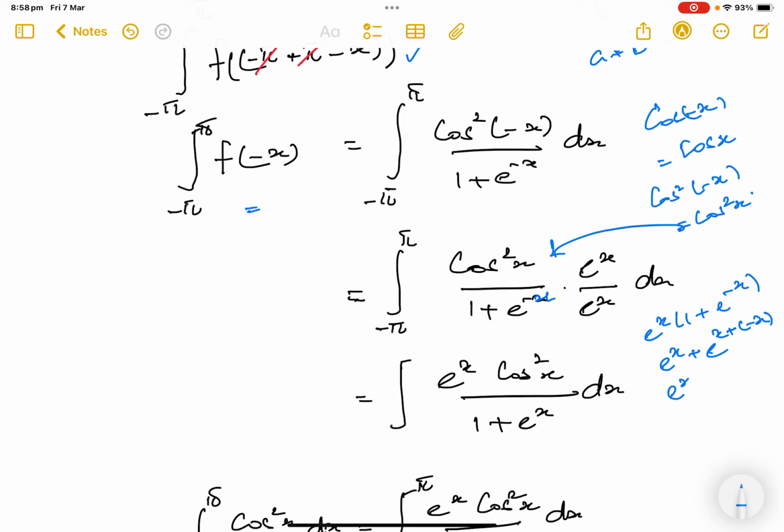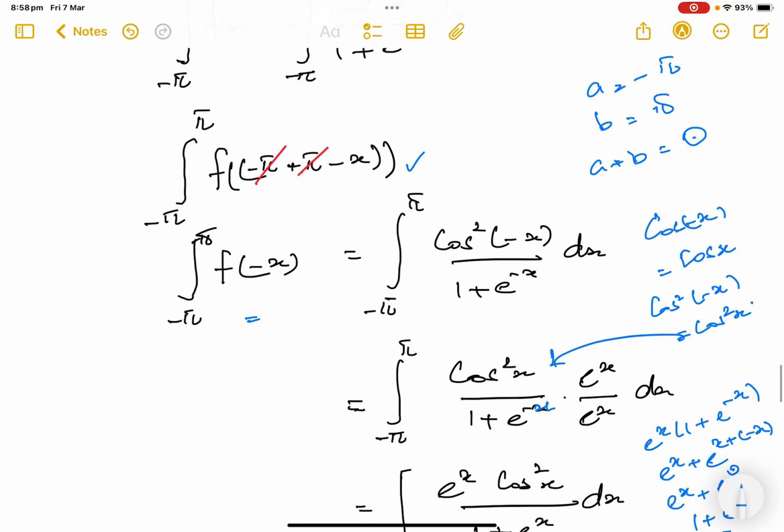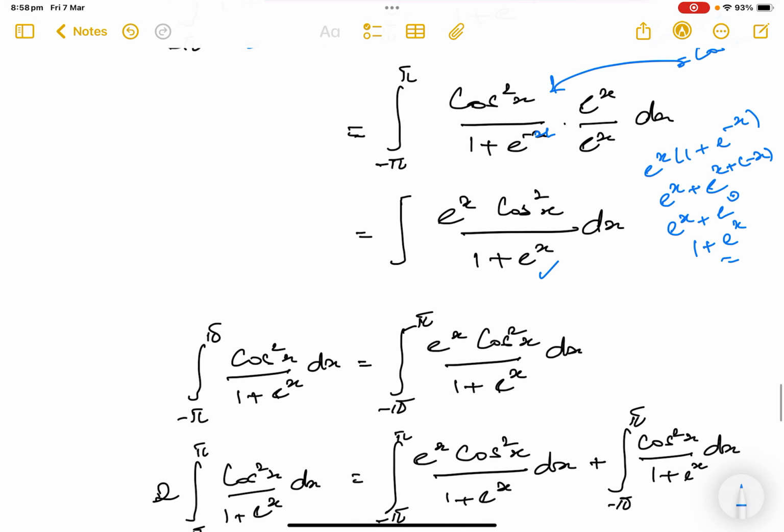So that is e to the power x plus e to the power 0, that is 1 plus e to the power x. That is exactly the output here. So job done. That's what they ask us to prove.